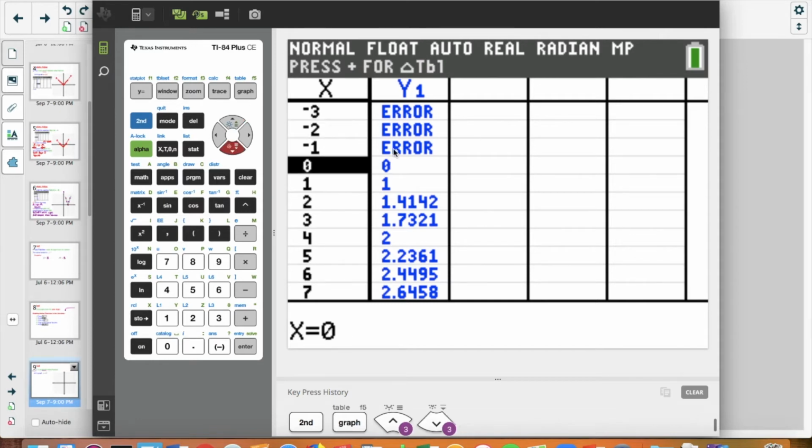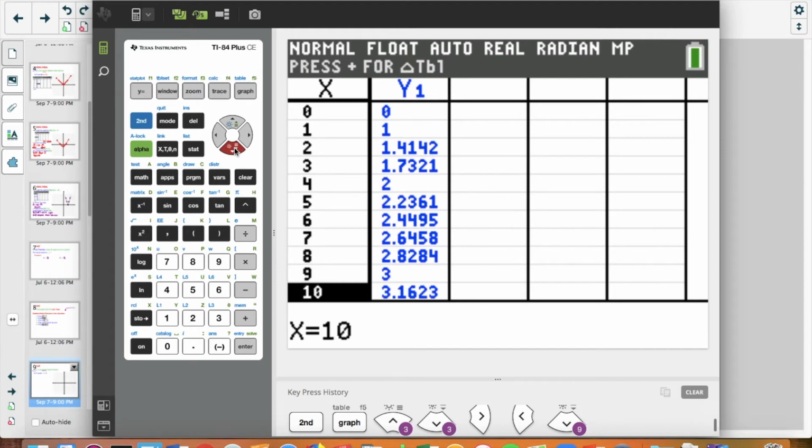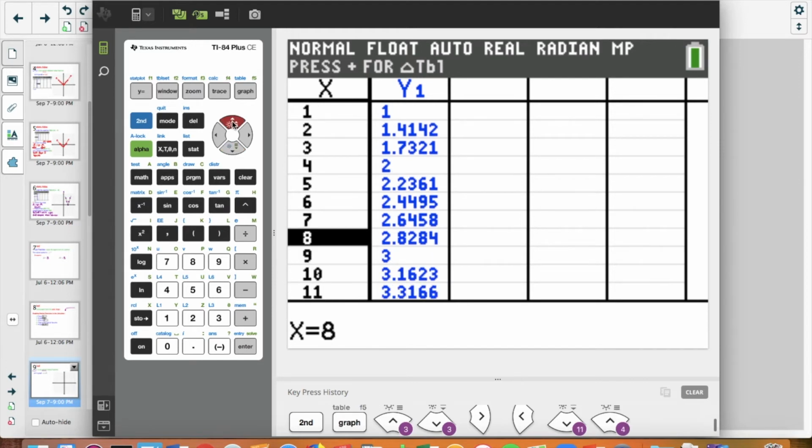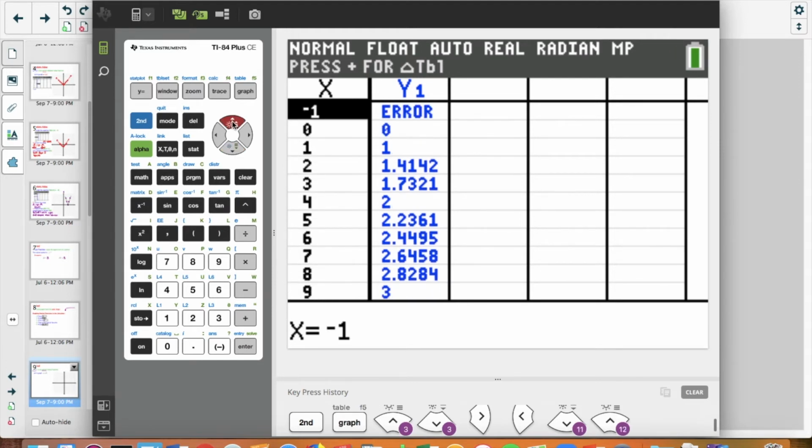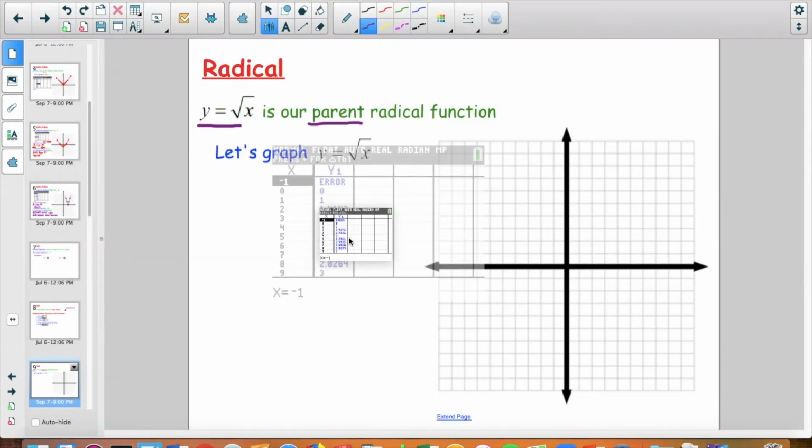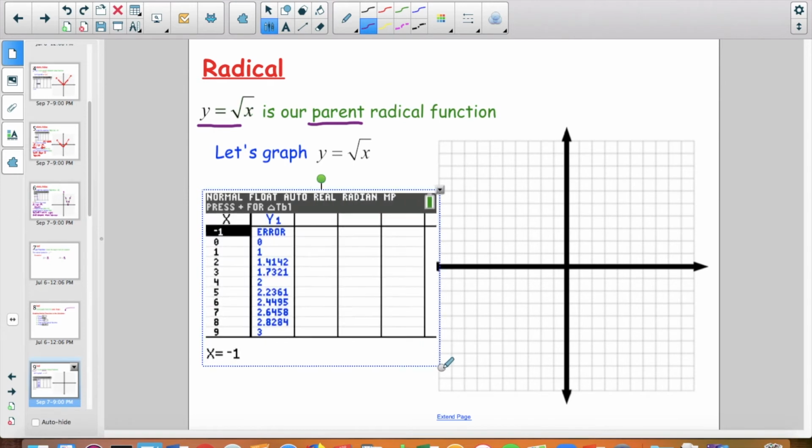So, we don't care about any of these points. Our first point is going to be 0, 0. Now, notice all of these other points, all these decimals. We can't graph those. So, we don't. We only graph the whole number points. So I'm going to move this here.